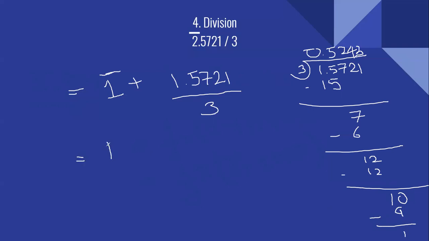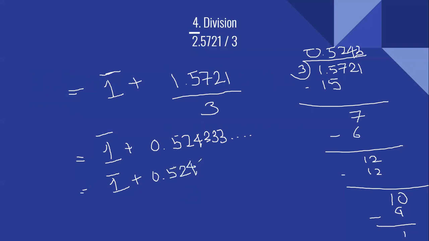This becomes 1 bar plus 0.524333 and so on. So now first of all, we have to round this off to, let's say, 4 digits. So 5243. 1 bar plus 0.5243.